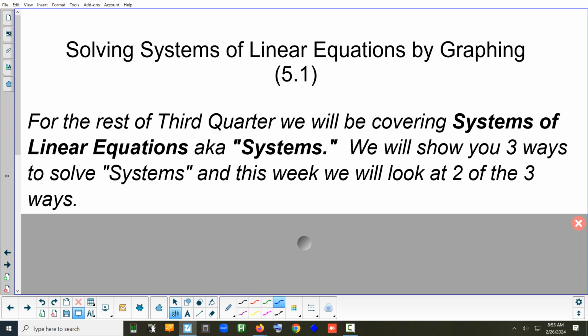We're going to solve systems of linear equations by graphing. Yep, so that's one method that you can use to solve a system, graphing. So we're going to look at graphing today. We're going to look at a different way to do it tomorrow. And then the third way, we're not going to do this week. Okay, we're going to look at that next week.